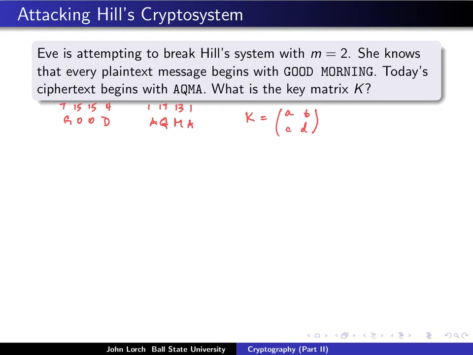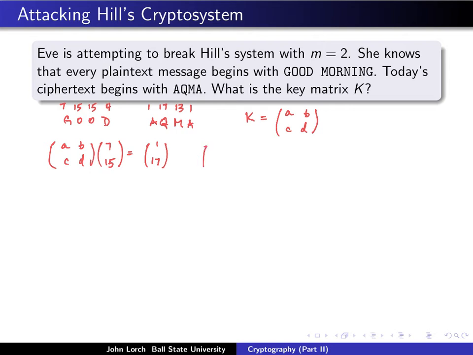So what do we know? Well, we should know that if I take my key matrix and multiply it by the first 2 characters of the plaintext, I should get the first 2 characters of the ciphertext. That would be 1 and 17.